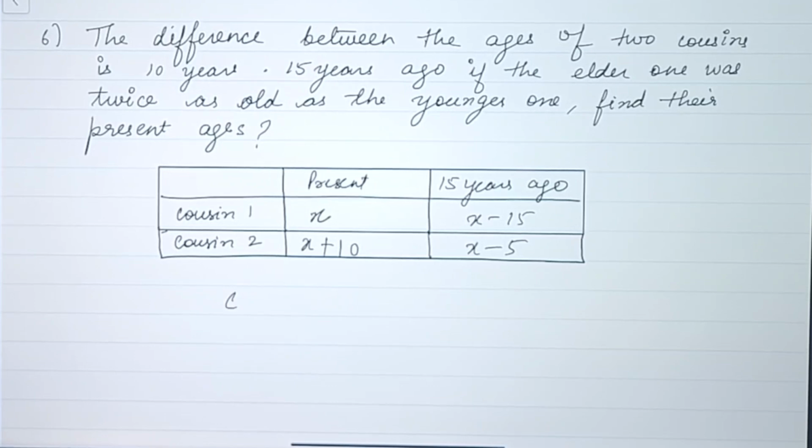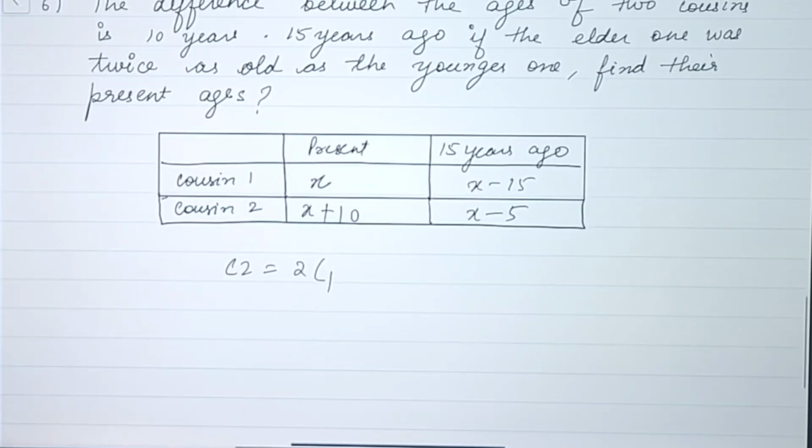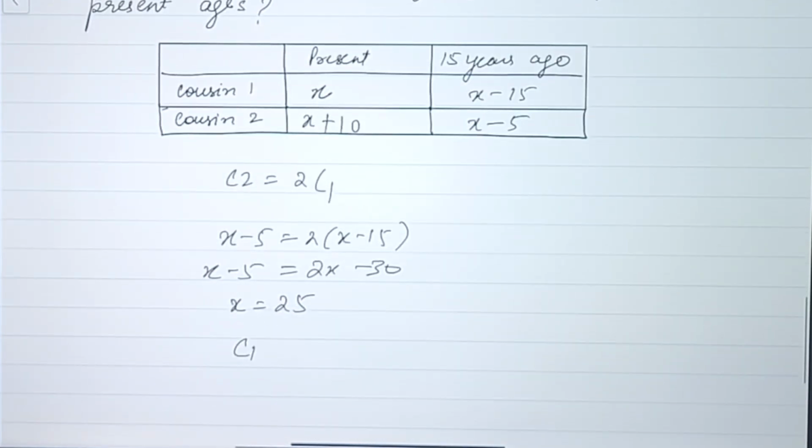So cousin 2 will be twice cousin 1. X minus 5 is equal to twice x minus 15, 2x minus 30. So you get x is equal to 25. So cousin 1's age is 25 years and cousin 2's age is 35 years.